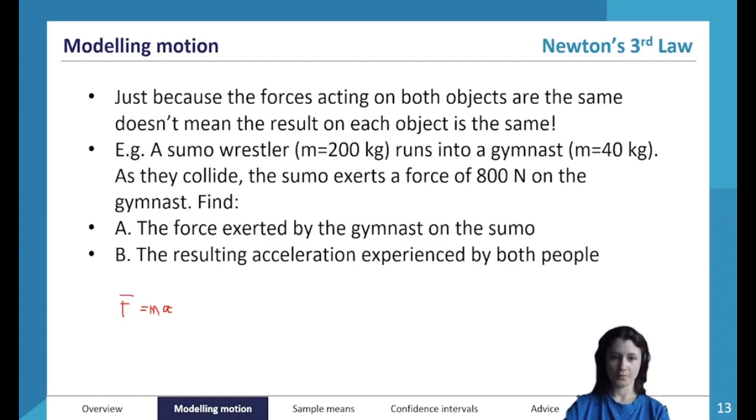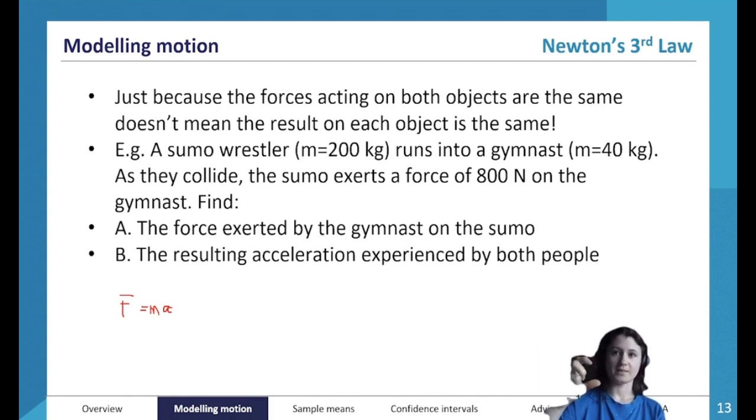We know that the sumo exerts a force of 800 newtons on the gymnast. So the force exerted by the gymnast on the sumo is also going to be 800 newtons, because, remember going back to Newton's laws, every action has an equal and opposite reaction.